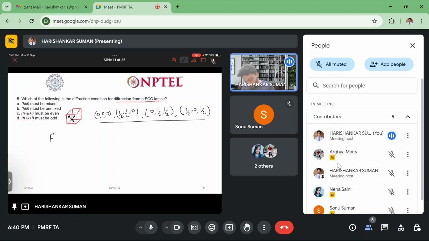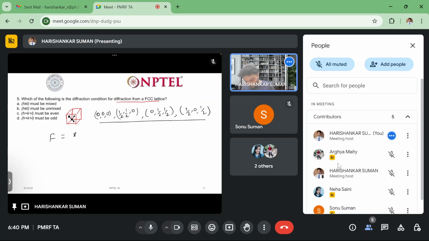Then find the structure factor. Let's say f to the power 0 first for this.